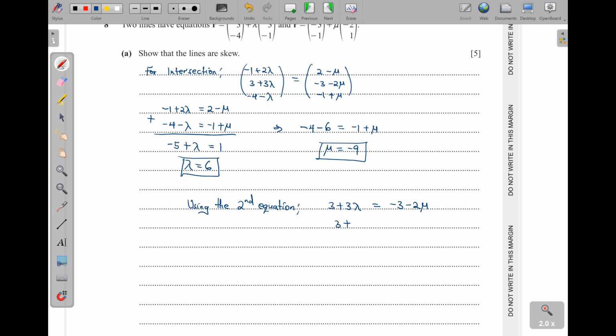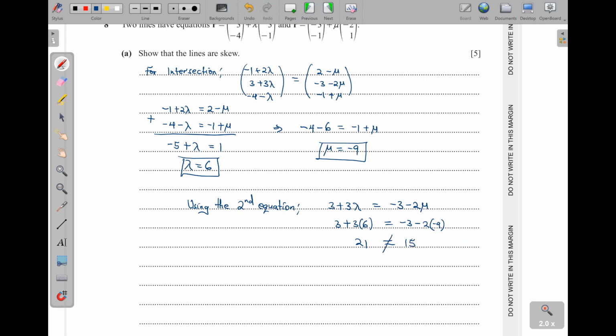So this is 3 plus 3 times 6. Is it equal? I'm asking myself to -3, then minus 2 times -9. This one is 18 plus 3, which is 21. And this one here is -3 plus 18, which is 15.